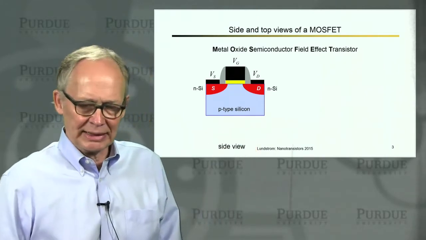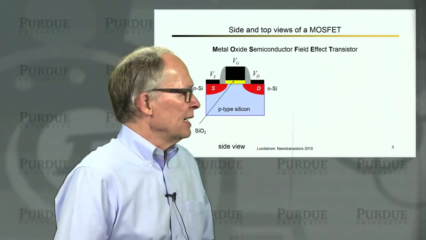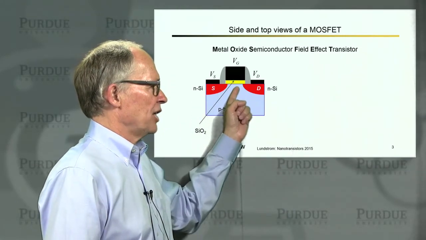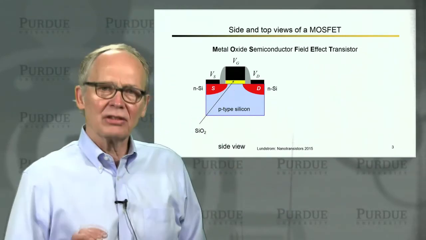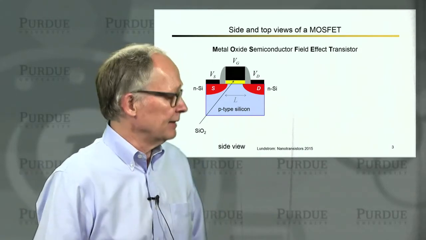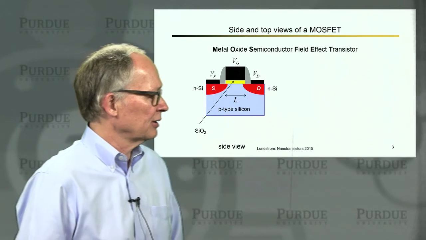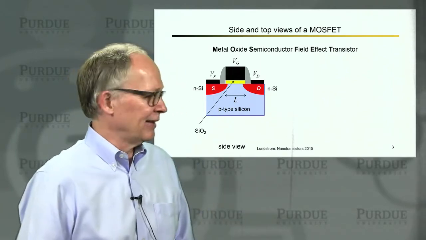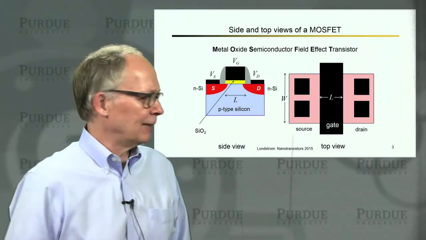We'll just ground that because it doesn't play a major role. We have between the gate electrode and the channel itself a thin insulating layer. Traditionally, it's been silicon dioxide. These days, it's being replaced by some other materials. And the critical dimension of the transistor is the channel length L, and we'll be talking a lot about that.